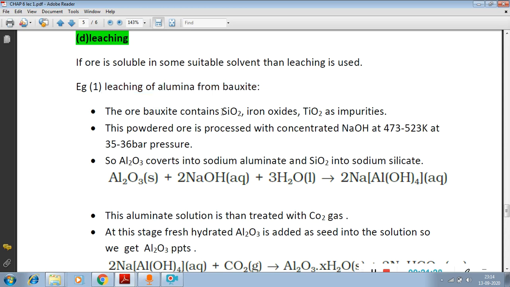In bauxite, silica SiO2, iron oxide or titanium dioxide are there as impurities. Now we want to remove these impurities. So what we are doing here, just make a powder form of the ore, then this powder is processed with concentrated NaOH at 473 to 523 Kelvin temperature and 35 to 36 bar pressure.